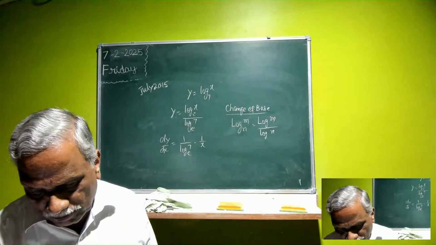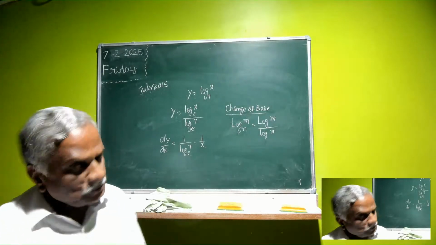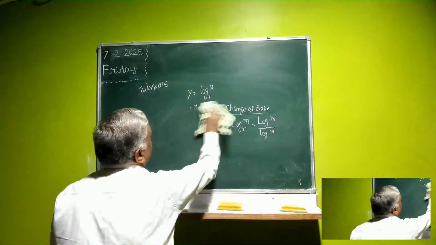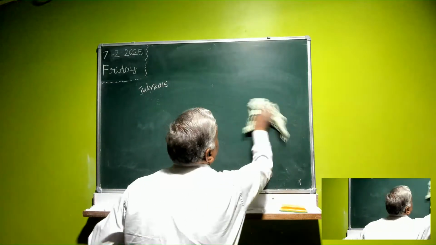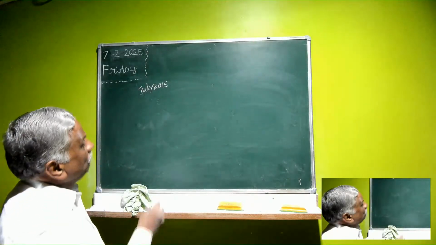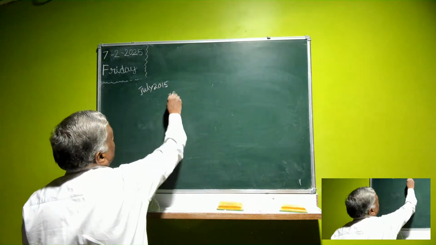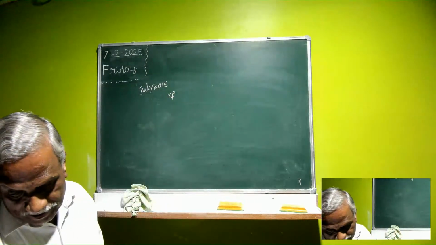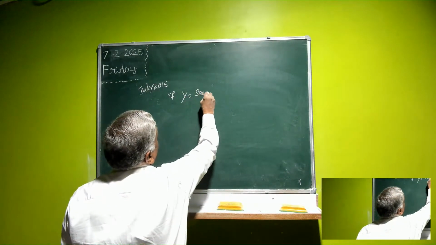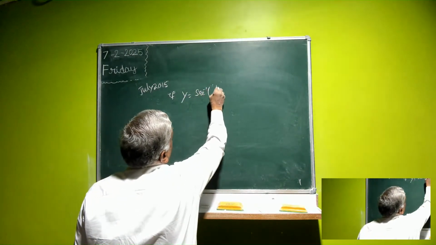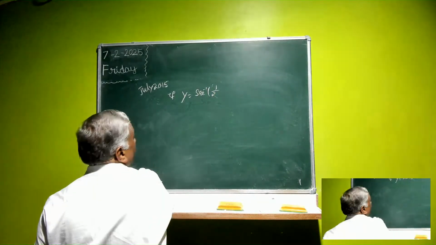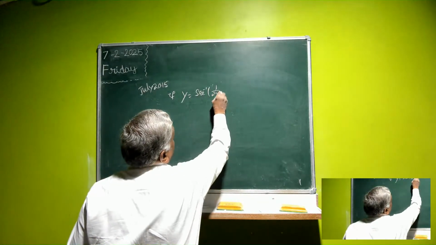The second problem of July 2015. Find dy by dx if y is equal to secant inverse of 1 over 2x square minus 1.